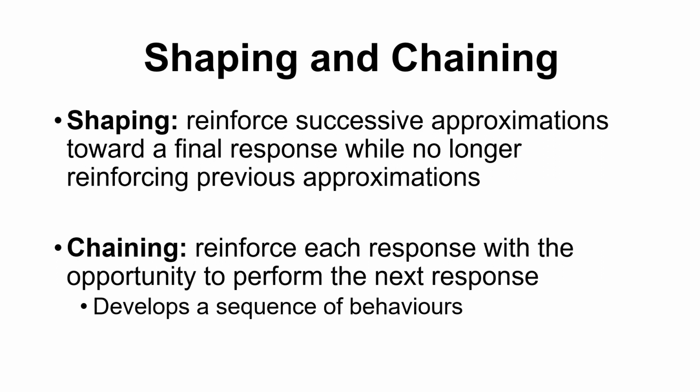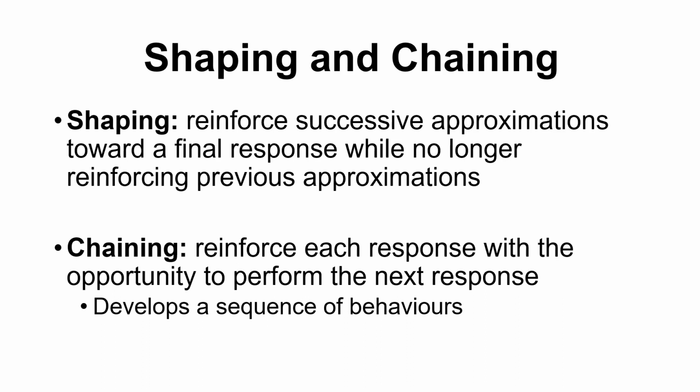Once they're reliably facing the lever, we're going to stop reinforcing that stage and we're going to only reinforce them when they start approaching the lever. That would be our next approximation that we would reinforce. So we'd give them food for approaching the lever now, but not just for facing it. And then once they're reliably approaching the lever, then you'd only give them food when they actually touch it.